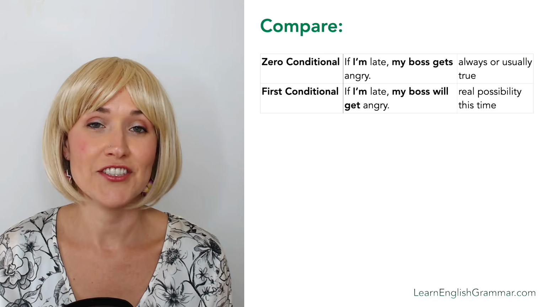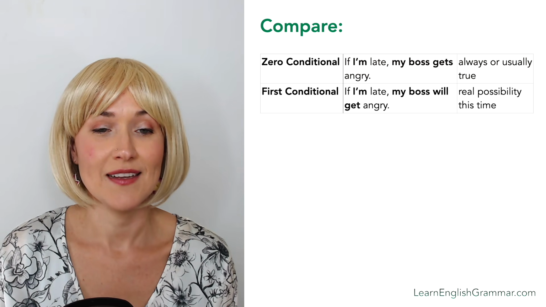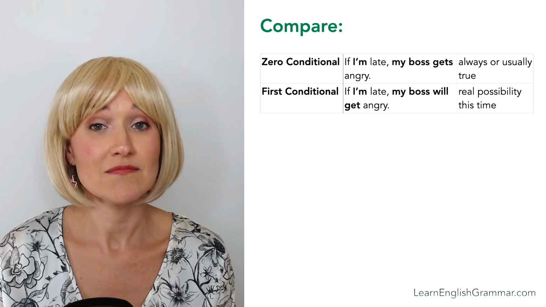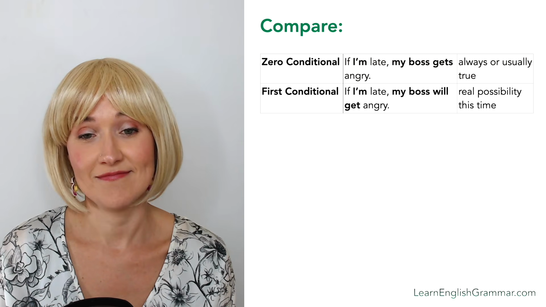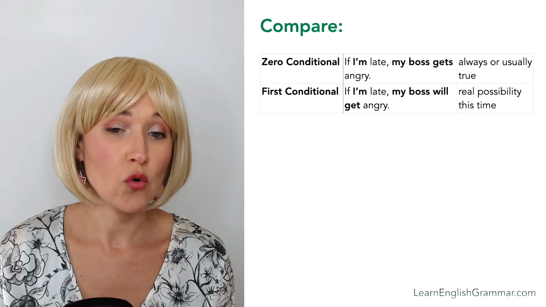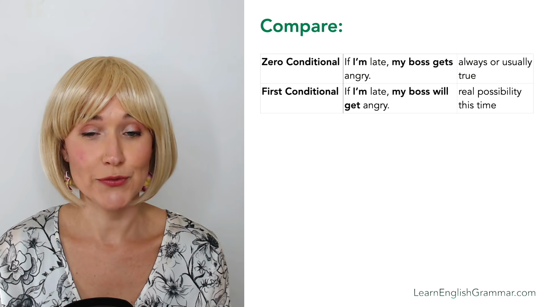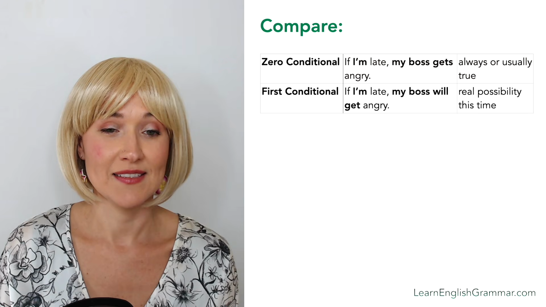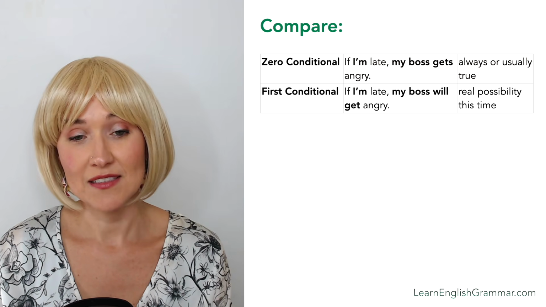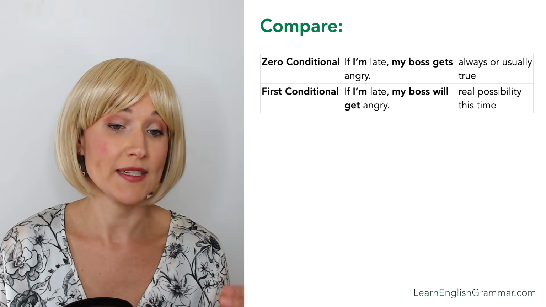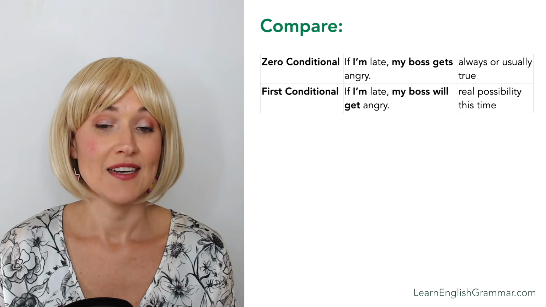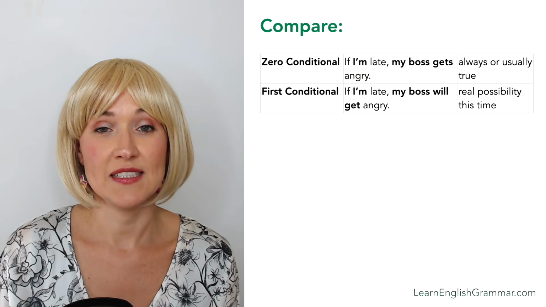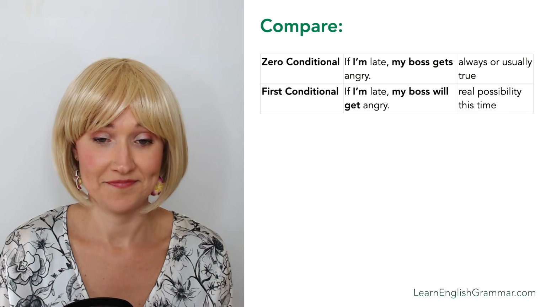The zero conditional sentence here is, if I'm late, my boss gets angry. That's something that's always or usually true. The first conditional sentence is, if I'm late, my boss will get angry. That's a real possibility this time.